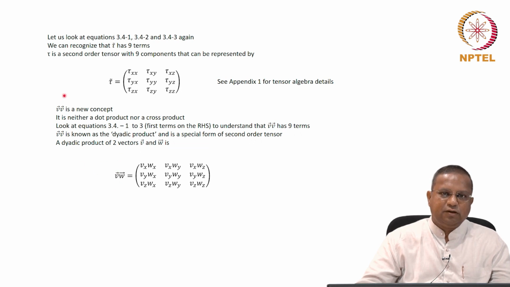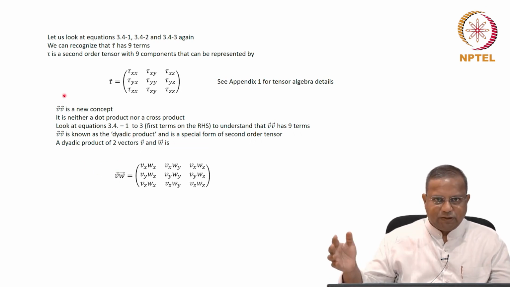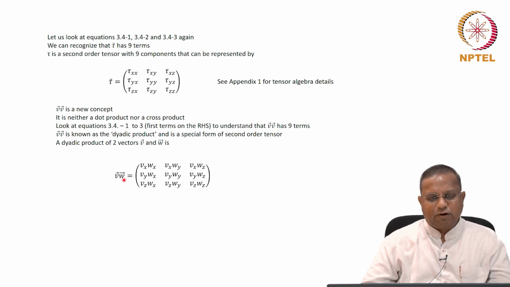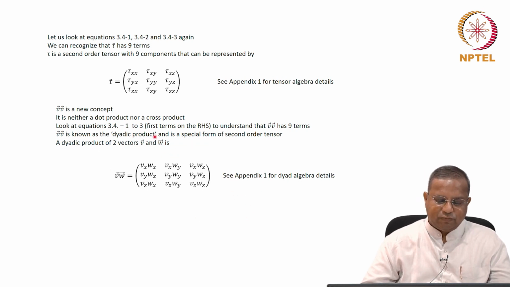This arose in our derivation, and this is known as a dyadic product. Again, if you are unclear about what algebra or identities are valid for this, please check the appendix.